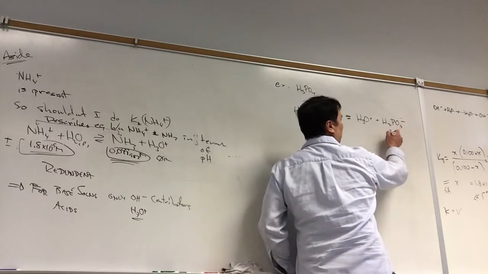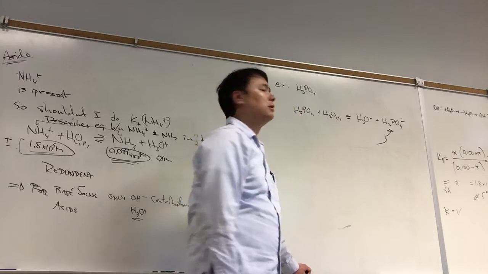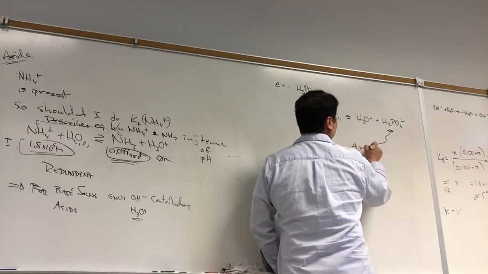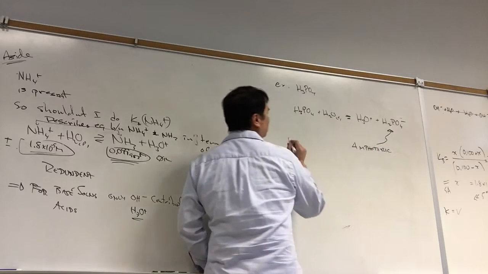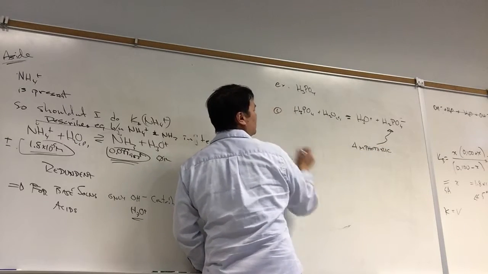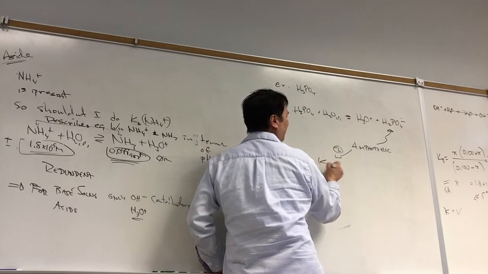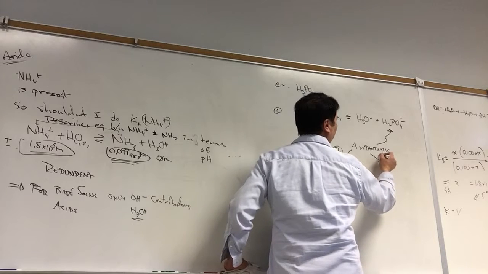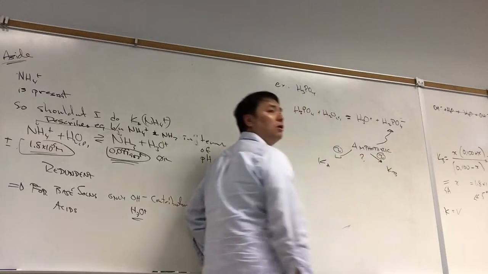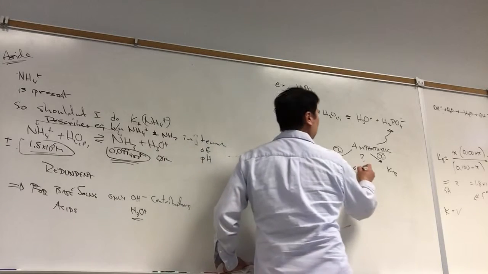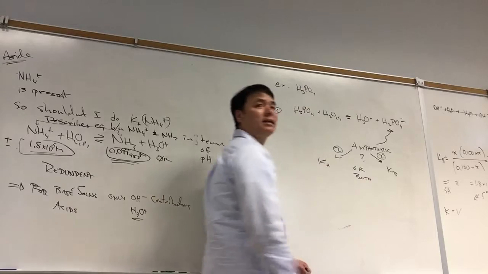H2PO4 minus is both an acid and a base. This is amphoteric. If it's amphoteric, then what should I do? If this is my step 1, for step 2, should I go Ka or should I go Kb? Or both? Uh-oh.